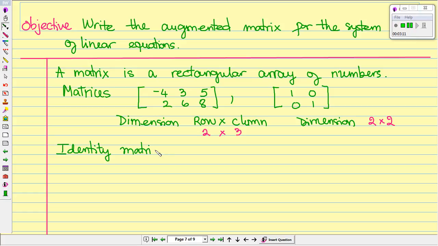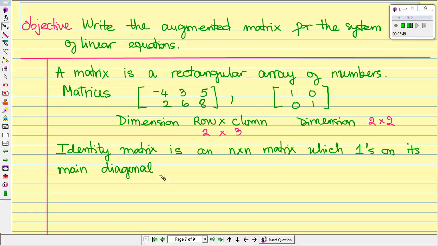An identity matrix is an n by n matrix with 1 on its main diagonal and 0 elsewhere.